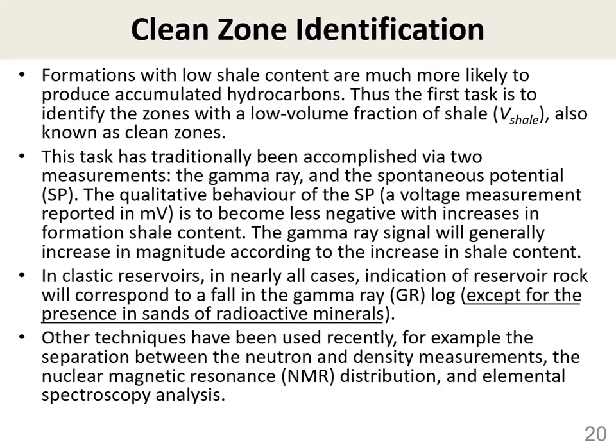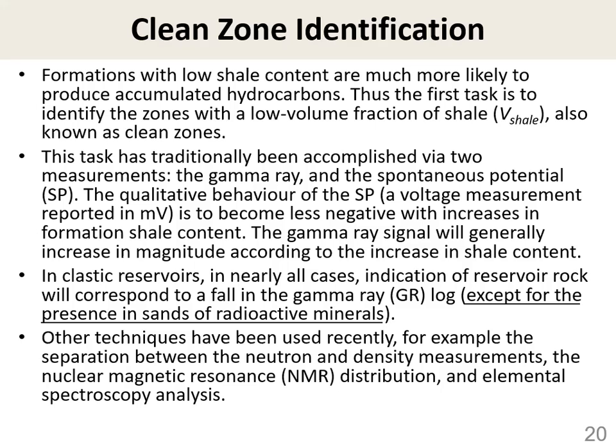So the gamma ray signal generally, with increasing magnitude, is indicative of increasing shale content. For clastic reservoirs, that's basically our sandstone shale sequences, in nearly all cases, indication of reservoir rock will correspond to a fall in the gamma ray log. I think most of us should be aware of this by now, except for the occurrence of radioactive sands.